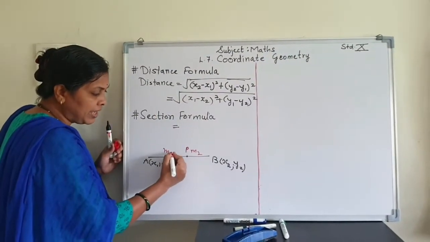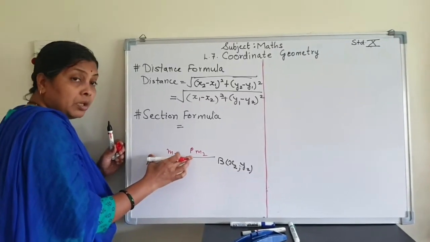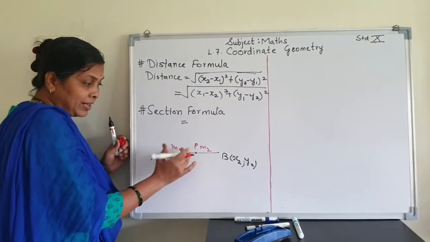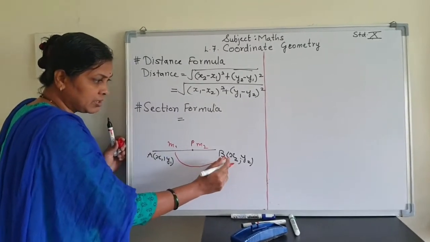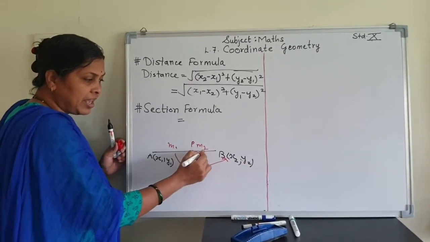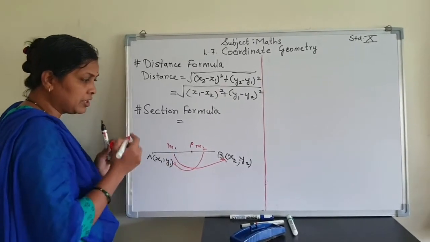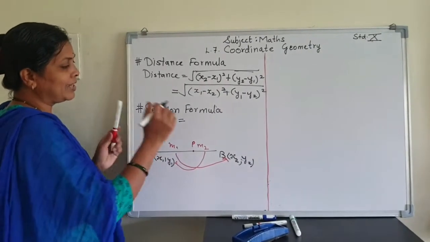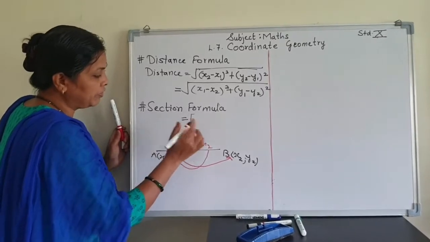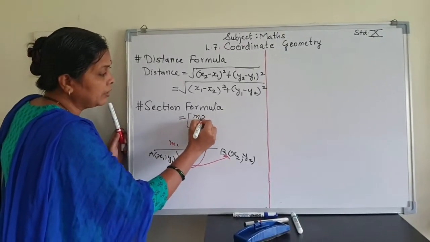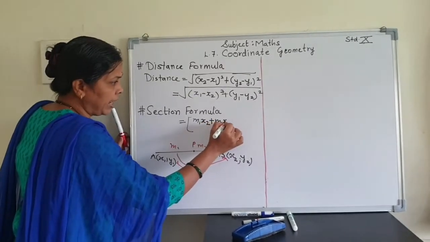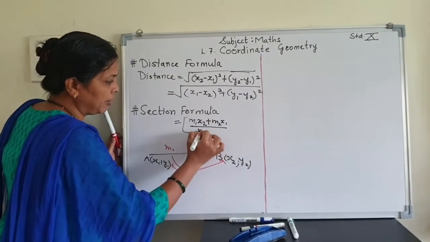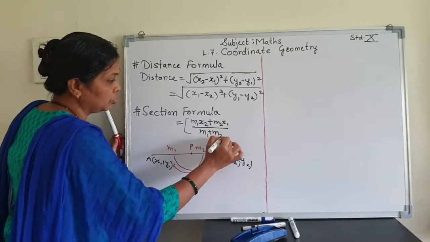Again I am telling you, this m1, which is the left part of line segment, is multiplied with these coordinates, and this m2 is multiplied with these coordinates. Then the section formula, the x coordinate we get by (m1 x2 plus m2 x1) upon (m1 plus m2).